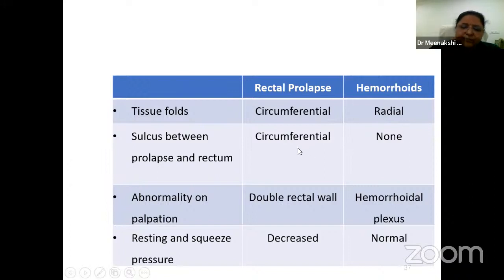The sulcus between the prolapsed part and the rectum is circumferential, whereas there is no evidence of such a sulcus in case of hemorrhoids. On palpation, you will get a double rectal wall in rectal prolapse, while you will feel the hemorrhoidal plexus in case of prolapsed hemorrhoids, and the resting tone is that is very, very important. And in hemorrhoids, it will be normal.